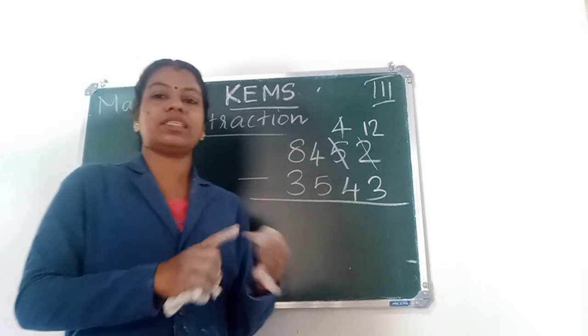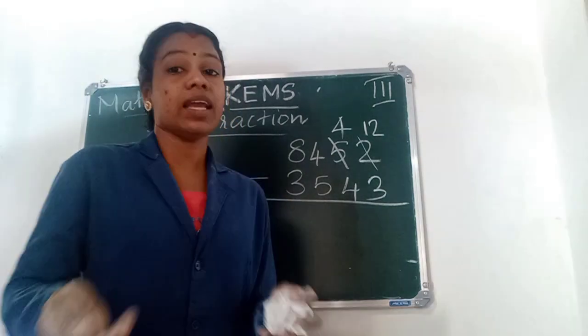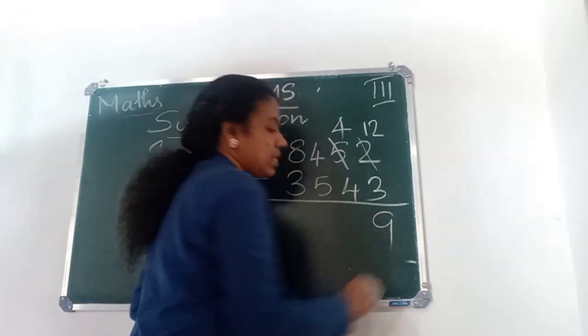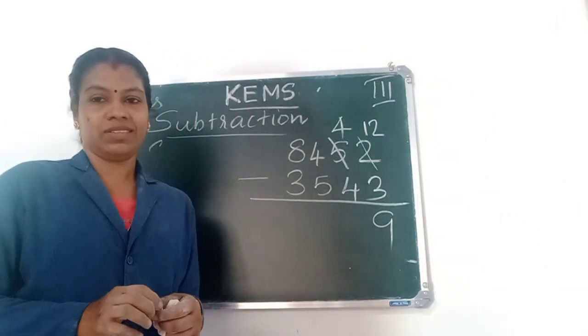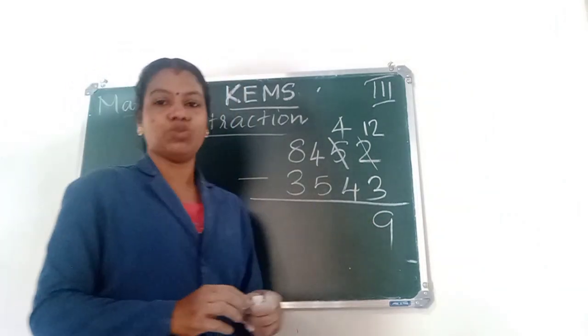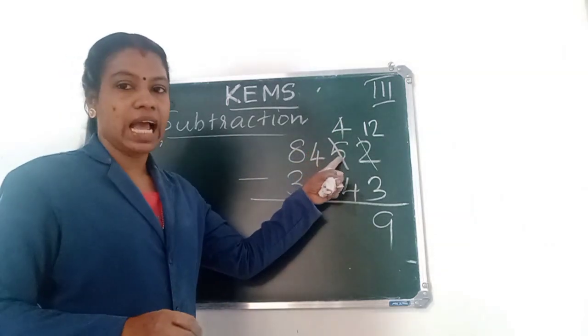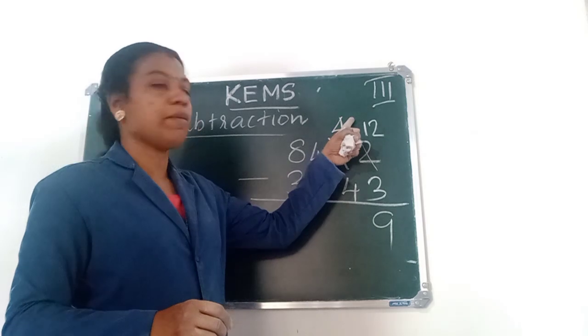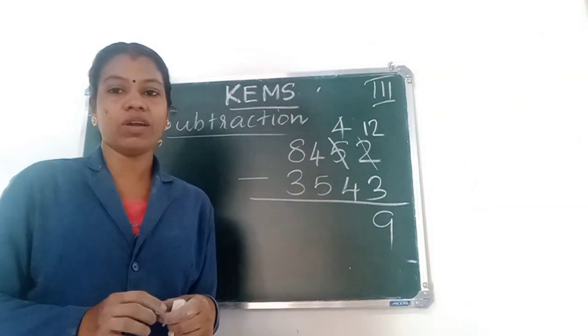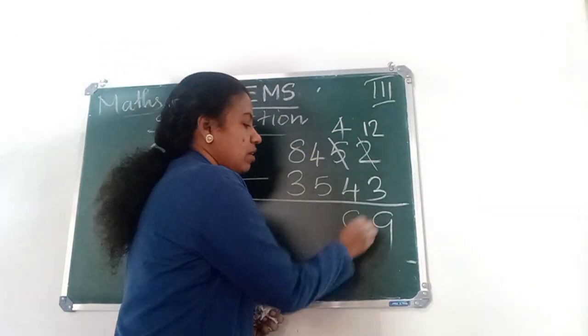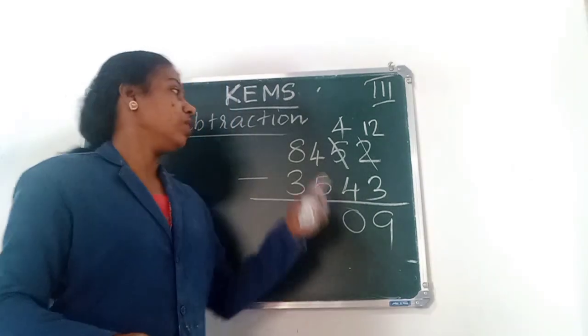Just count on your fingers. So 3 plus 9 equals 12. Next, 5. We cancelled 5 here, so our number is 4. 4 minus 4. Yes, it is very simple. 4 minus 4, 0.